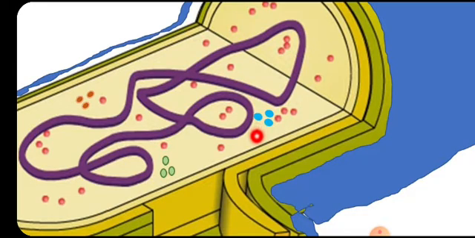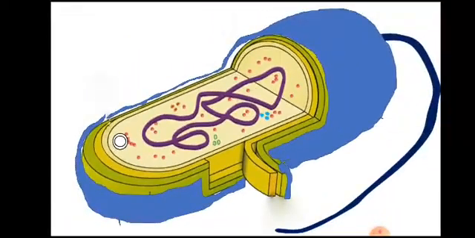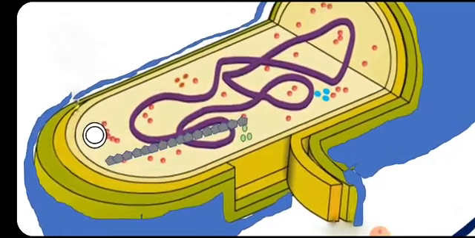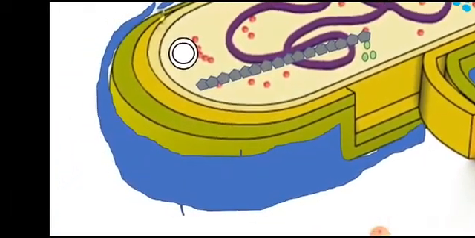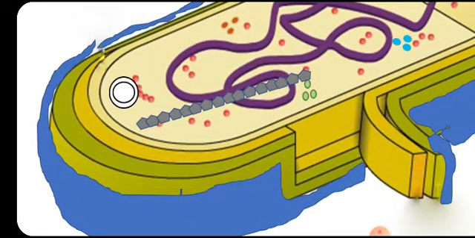Glycogen is made up of glucose, so it is a storage of carbohydrate. Again, this may be present or may not be present in certain bacteria. Then this is a very typical structure inclusion which is present in bacteria.